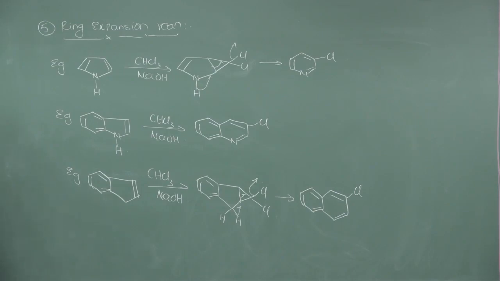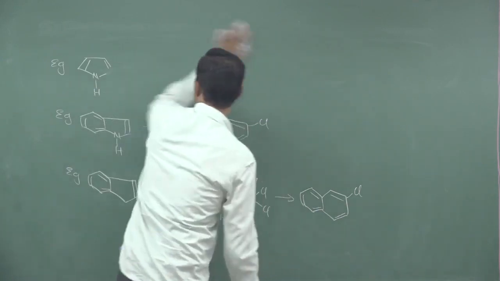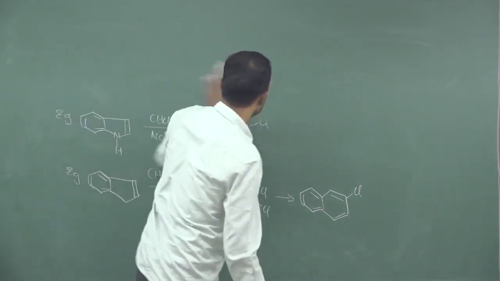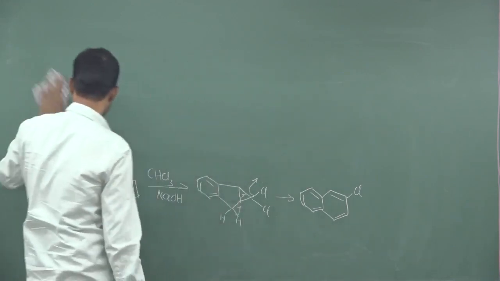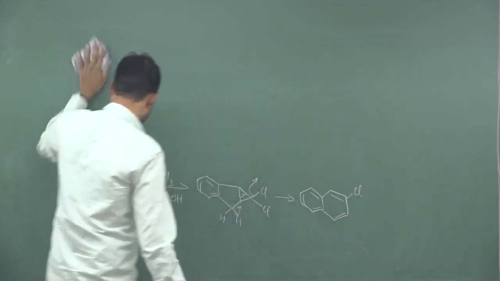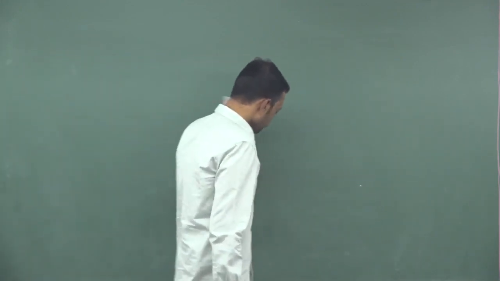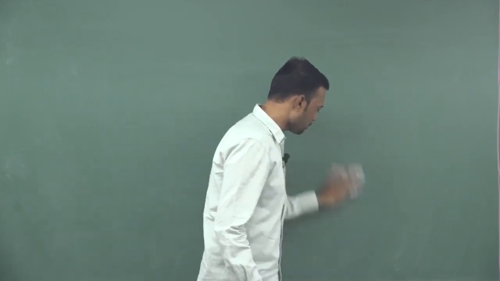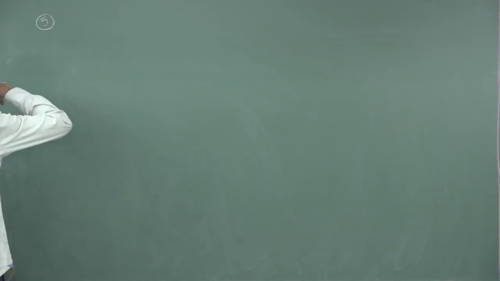Clear? That is carbenes. So, after carbenes, the next intermediate is nitrene.